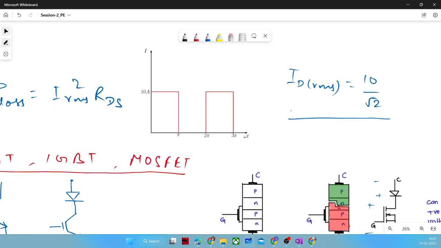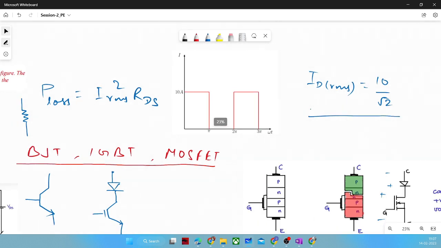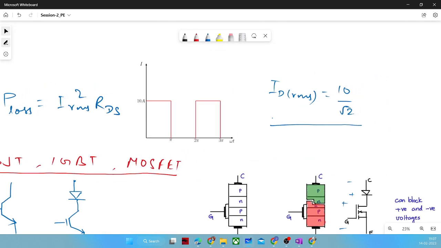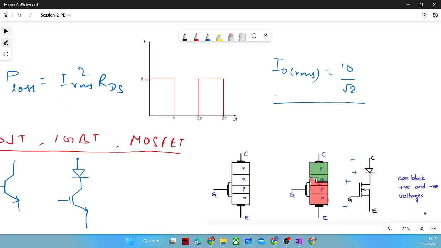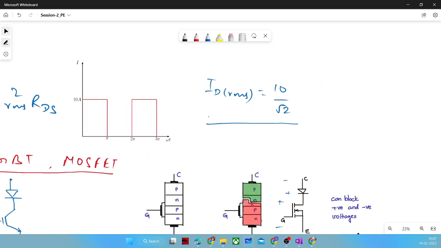Generally not required. You have been told this in the previous class itself, or in DC to DC converters you will see this kind of waveform quite frequently. Basically, if you have any square waveform, you write first the peak value and under root, the time it is conducting over the total time period.